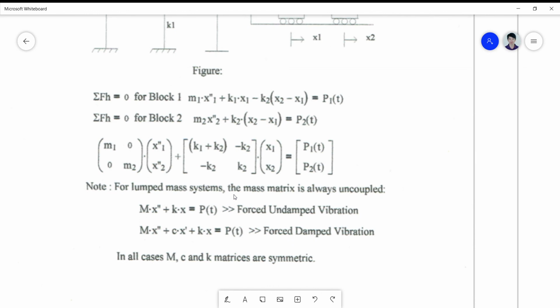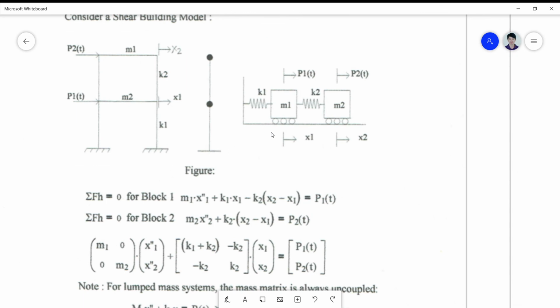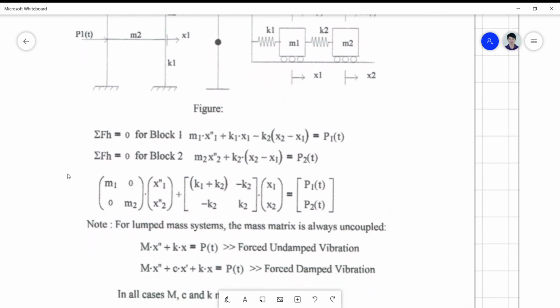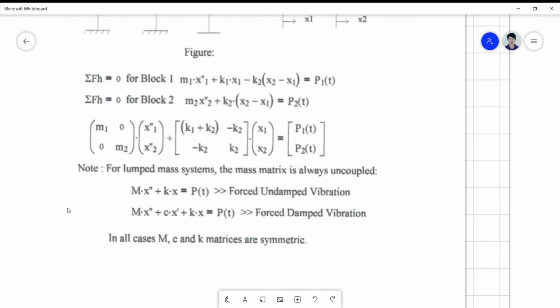Okay, but if you will take a look at these equations now, this lumped mass system, always the mass matrix is uncoupled. Okay, so it can be a forced undamped or a forced damped vibration, but in this case there are no given damping coefficient or damping ratio, so we have to settle for this forced undamped vibration.